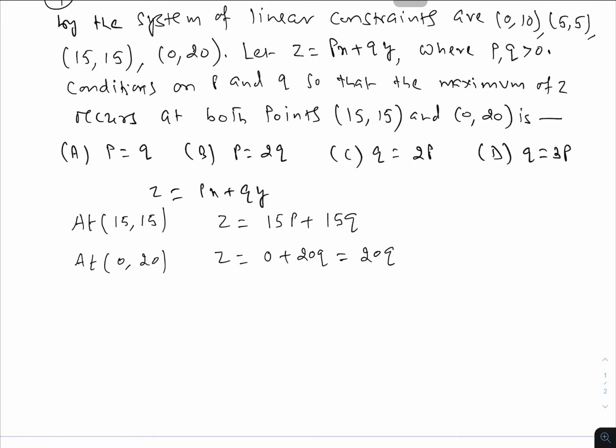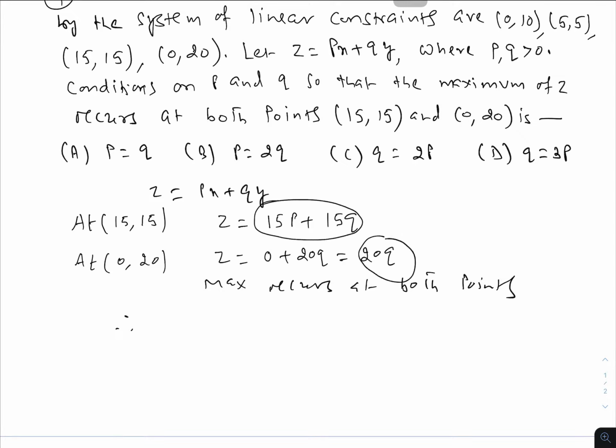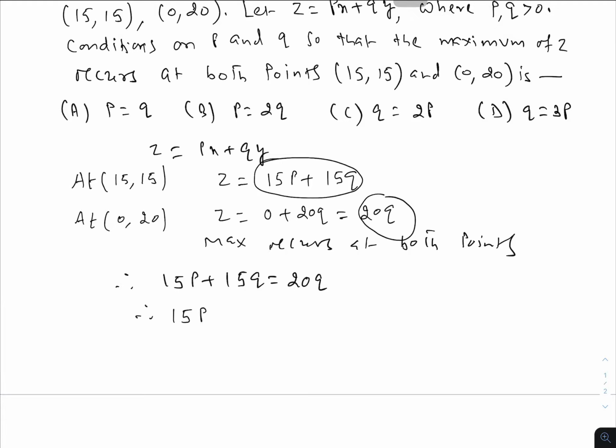So this and this one are equal, so 15P plus 15Q equal to 20Q, and therefore 15P equal to 20Q minus 15Q, so 5Q, and therefore 3P equal to Q, so Q equal to 3P. So that is the answer. So D is the answer.